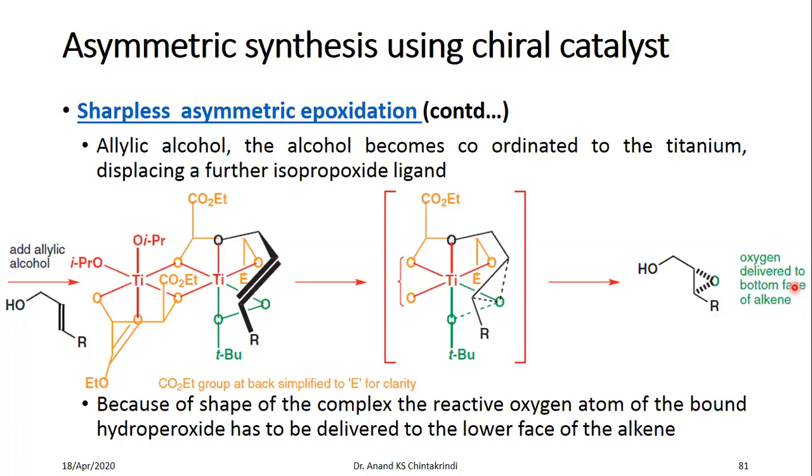Now, oxygen is delivered, as you can see, to the bottom face of this alkene. Let us look at this from a 3D animation perspective. So I'll go to the browser window here.